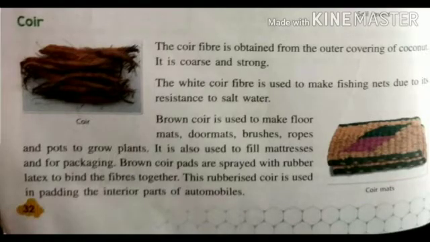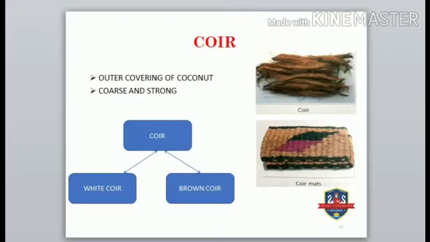Moving on to the last part of page number 32, coir is the outer covering of a coconut. Students, you all must have seen coconuts, and have you ever noticed, whenever you try to peel it, it's very tough to peel a coconut because the outer covering is very coarse and hard.